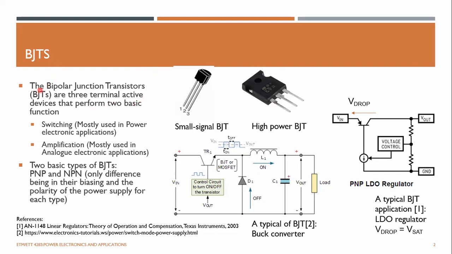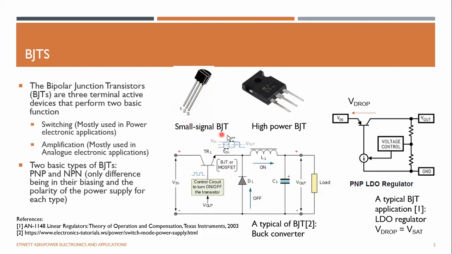BJTs stand for bipolar junction transistors. They are three terminal devices. You can see the first one here. You might be familiar with very small BJTs like the 5646 series and different kinds of small ones that you might have played with in your undergraduate first year.